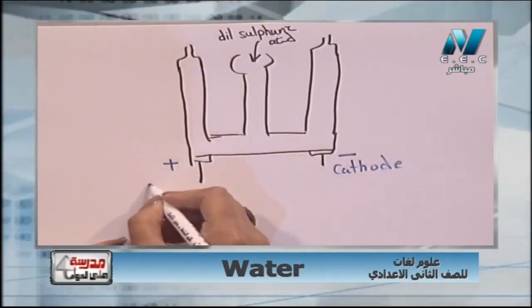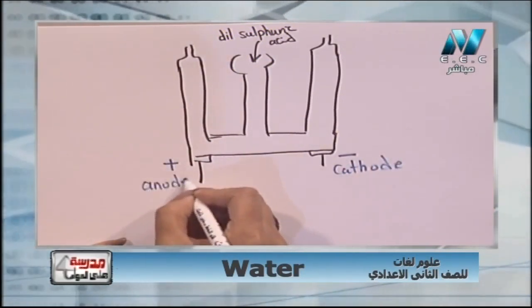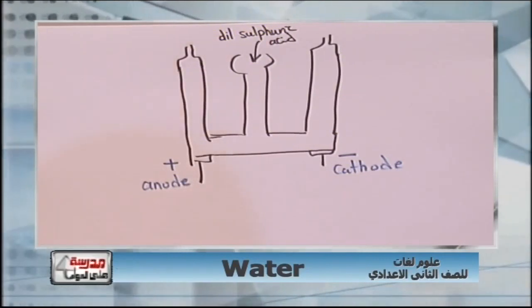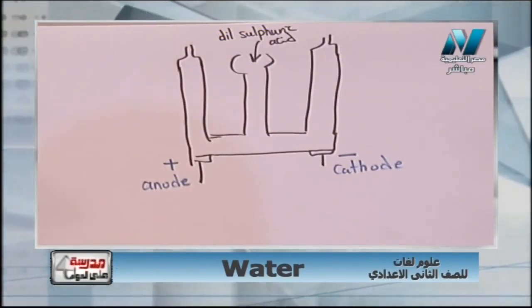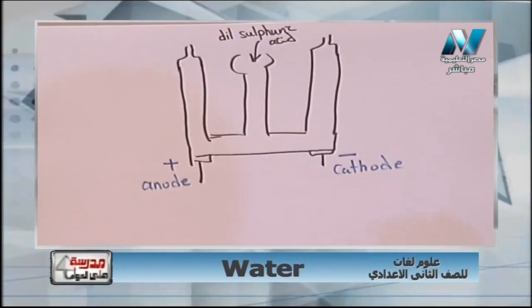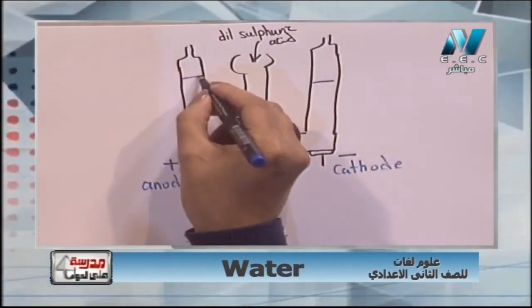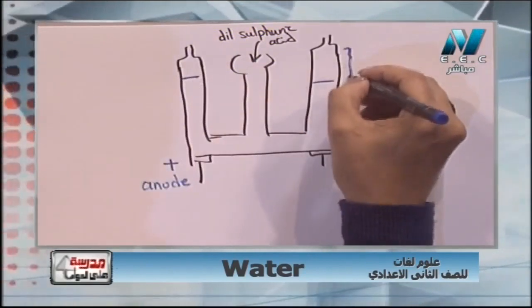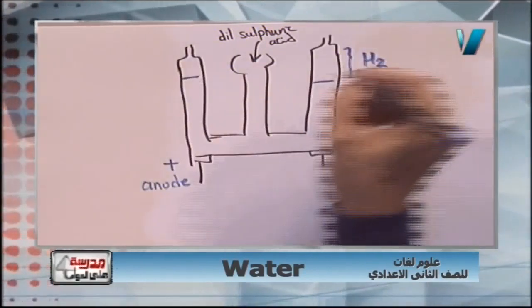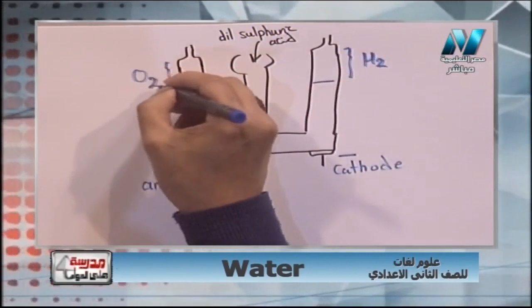The positive we call it anode. What will the observation we are going to have? This is the hydrogen and this is the oxygen.